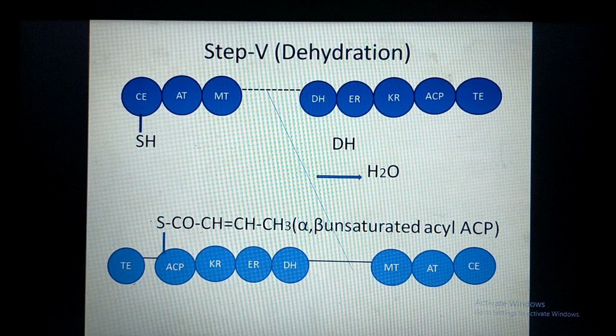And a double bond is introduced between alpha and beta carbon. So the name of the compound is alpha beta unsaturated acyl ACP. 1 water molecule is removed, and the enzyme required is dehydratase.